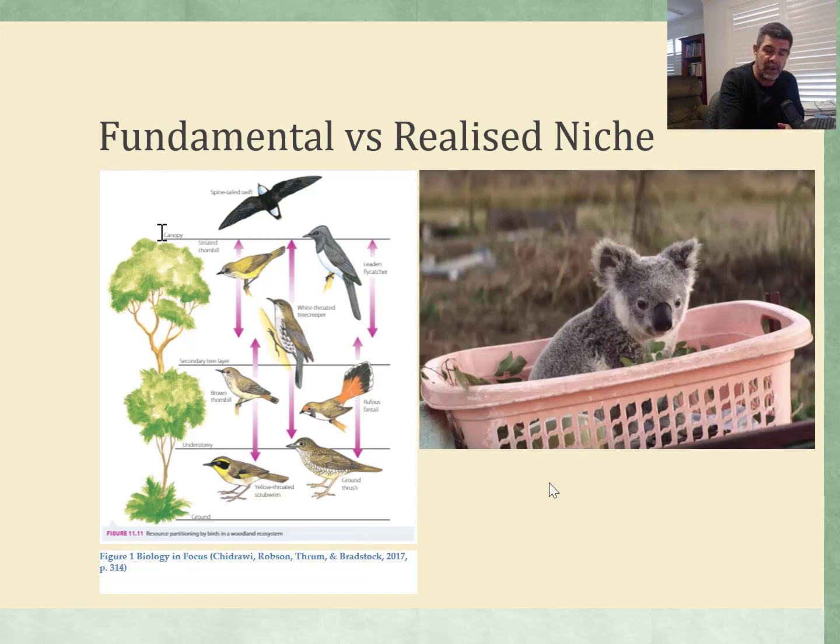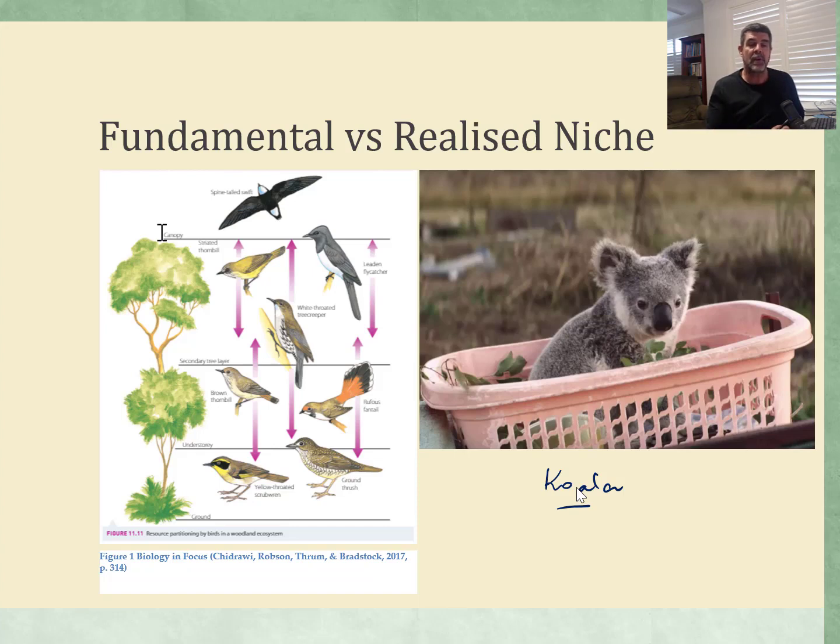A good example of this difference between fundamental and realized niches is the koala. Now, the nice thing about koalas is that it's easy for Australians, I guess, to think about the requirements for koalas because we know they eat gum leaves.